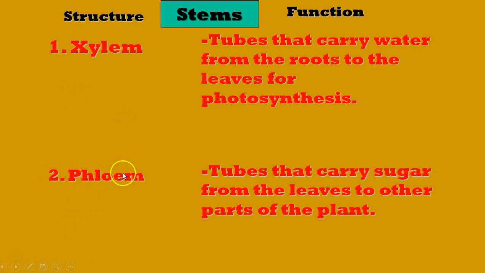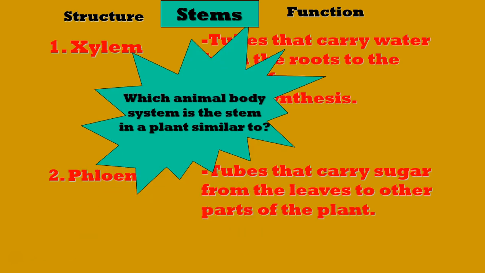And then the phloem, these are tubes that carry sugar from the leaves to other parts of the plant. So remember that the leaves produce glucose through photosynthesis, and then once that glucose is made, the phloem carries it down from the leaves into the rest of the plant.